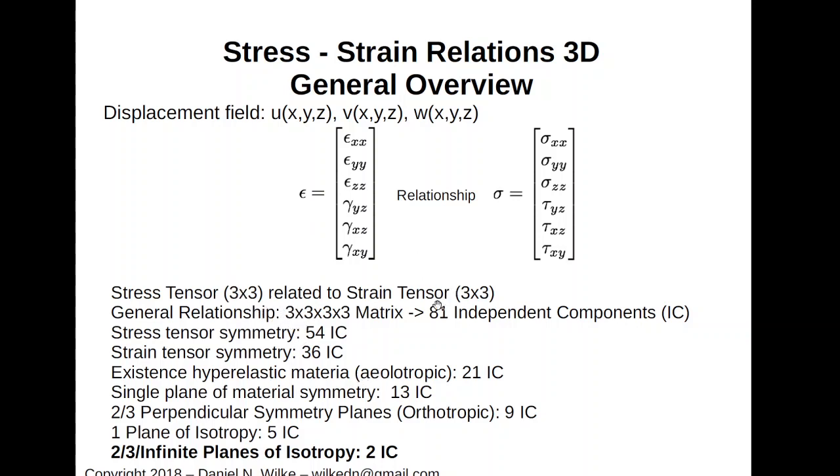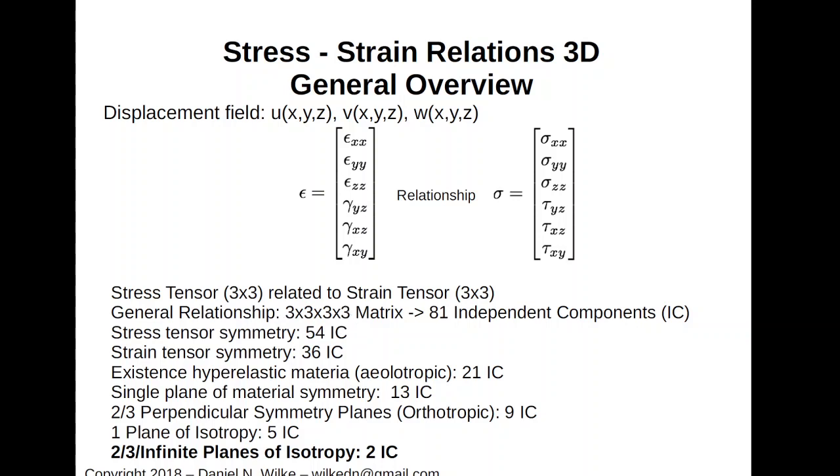If I take the strain tensor and contract it with two of the dimensions of this four-dimensional tensor, I end up with a 3x3 stress tensor. So this is why it's the most general linear mapping that we can have.